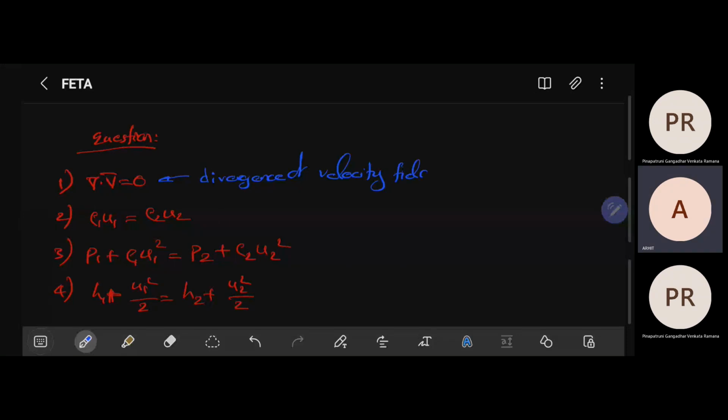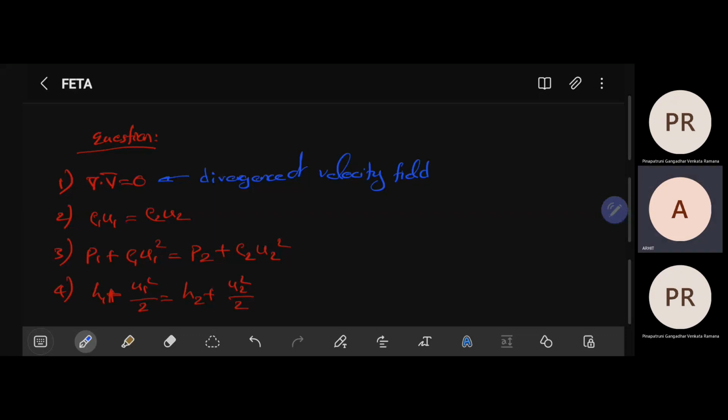The divergence of the velocity field, what does it represent? Source lines in flow. The divergence is the rate of expansion of the fluid per unit volume. There your answer lies.